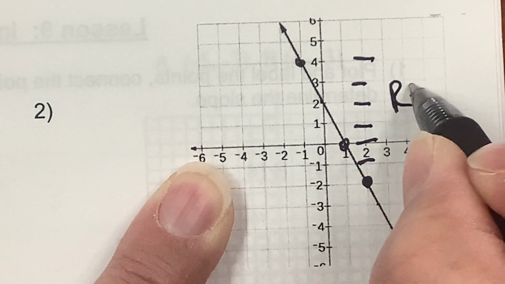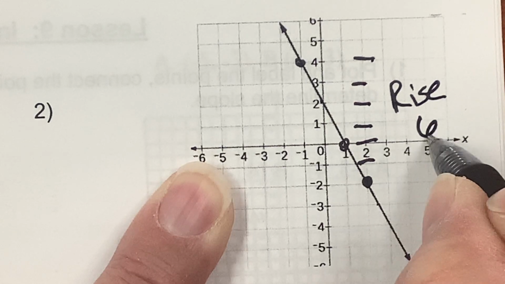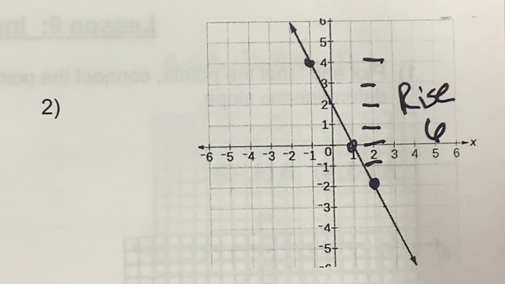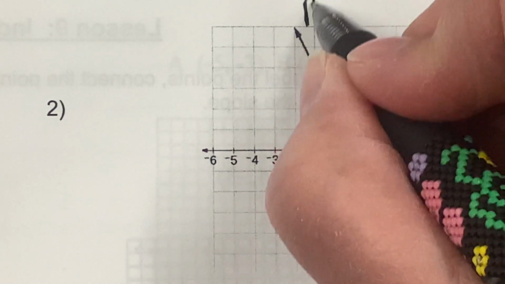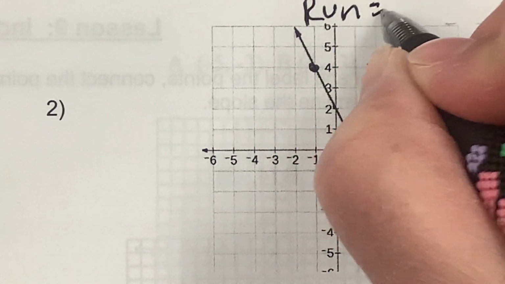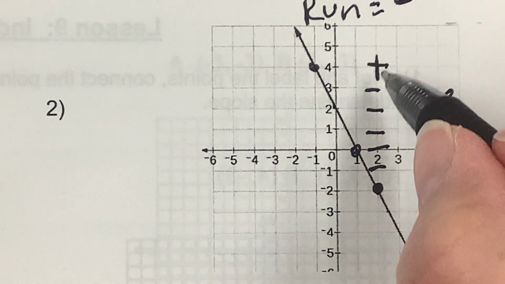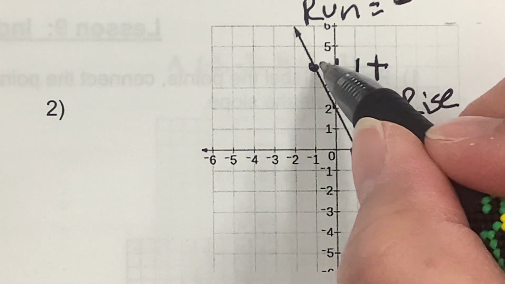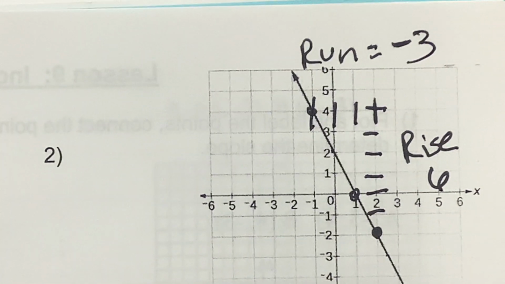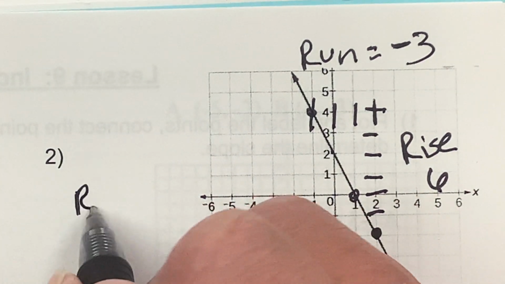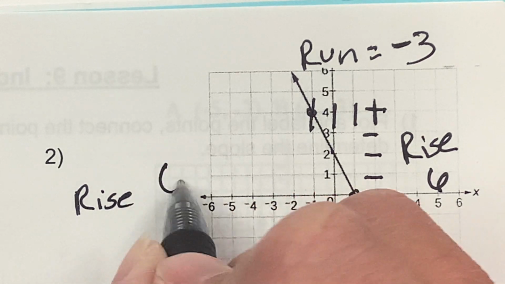My rise is 6. Oh, but now I'm turning left. From here, my run is going to be negative because I'm going left. 1, 2, 3. Negative 3. So my rise is 6.